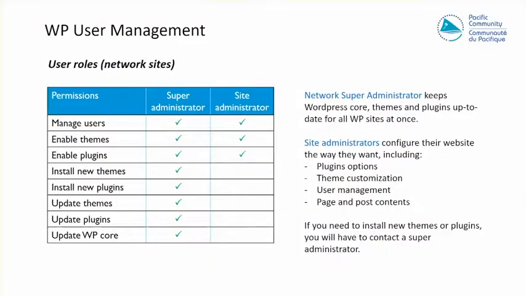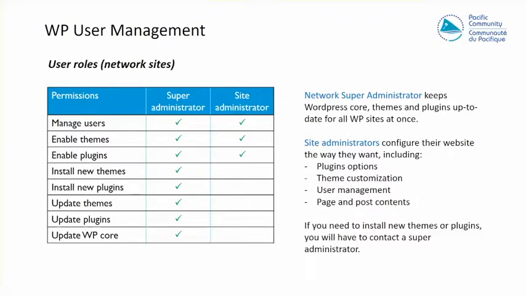So in this setup, you have the super administrators, who have much more permissions than a site administrator. A network super administrator keeps WordPress core, plugins, and themes up to date for all WordPress sites at once.